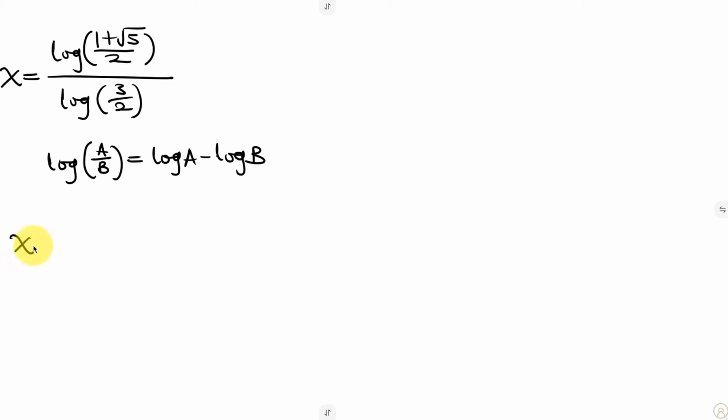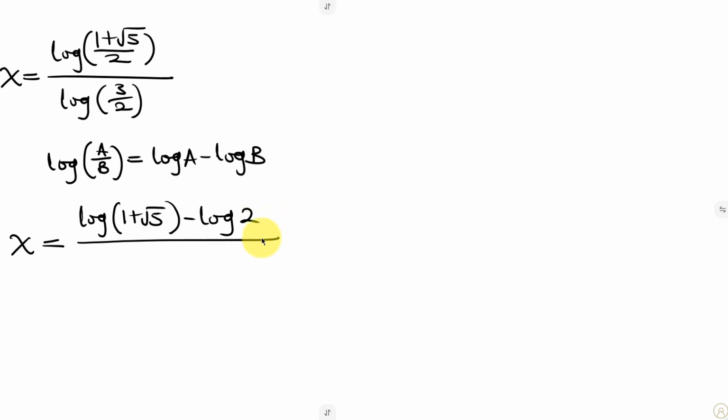So we have x to be equal to the log of, now this will be 1 plus the square root of 5 minus log 2. Very good. All over. Now we apply that to the denominator as well. That means the denominator can be expressed as the log of 3 minus the log of 2.